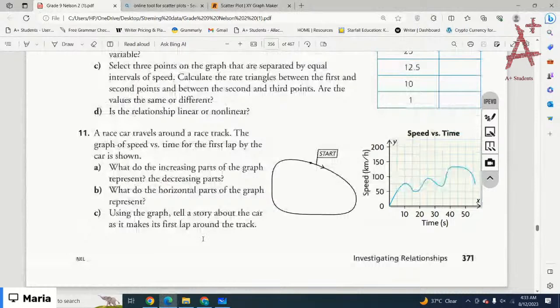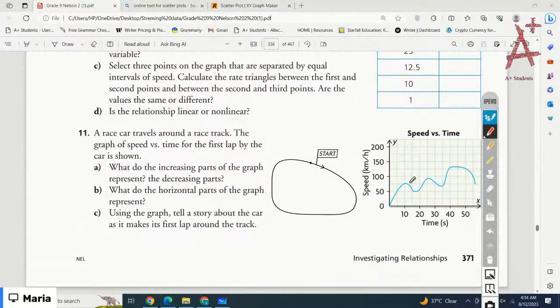Okay, the increasing parts are this one and this one, right? That means the speed is increasing when the car is accelerating, right?